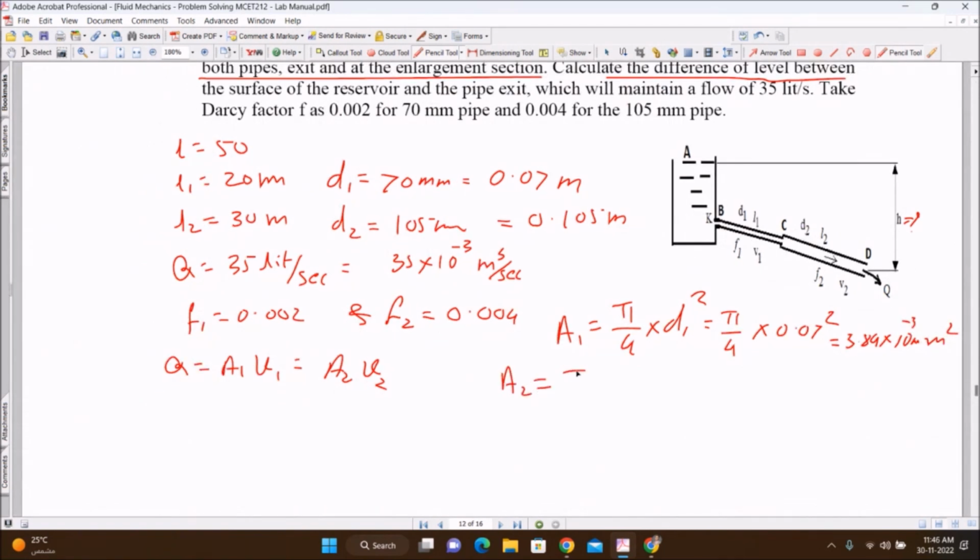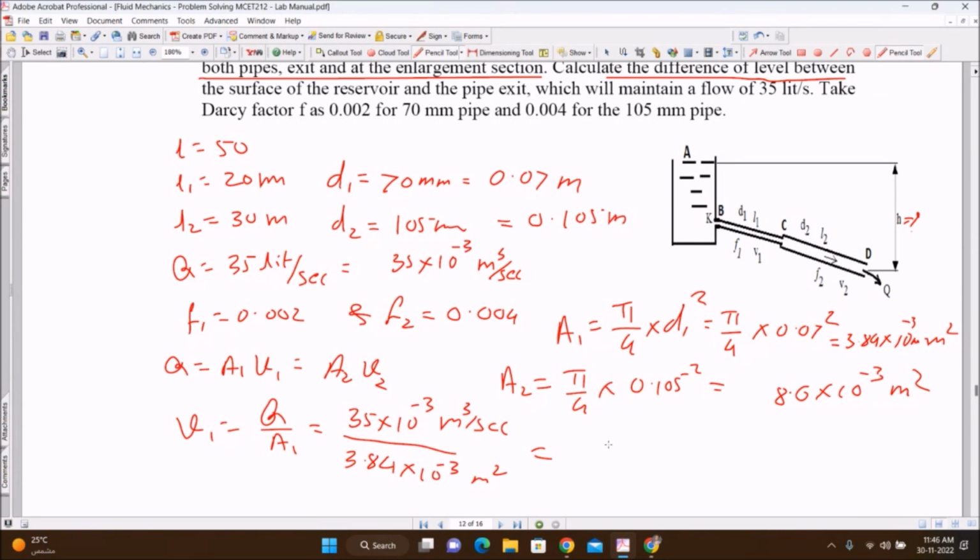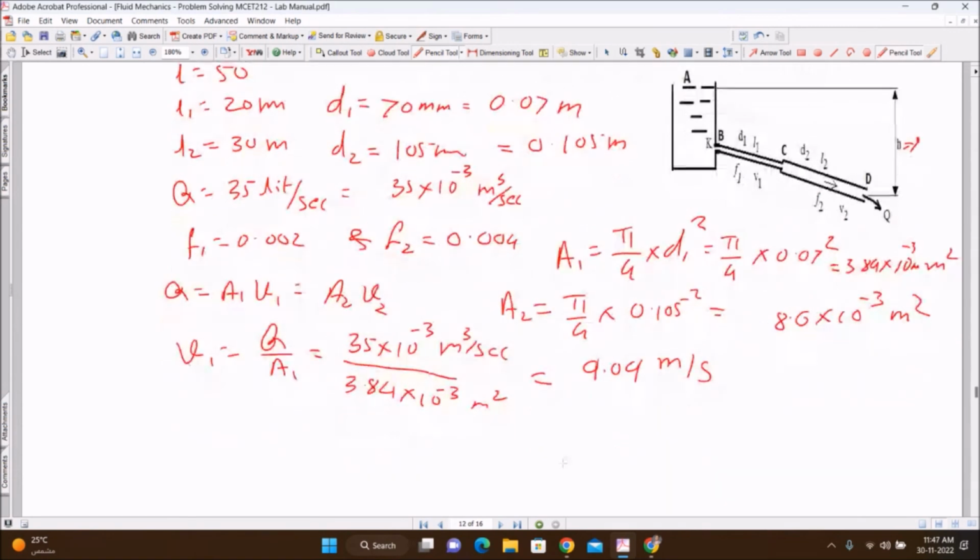And A2 is equal to pi by 4 into D2 square, which is 0.6 into 10 to the power minus 3 meter square. As we know areas A1, A2, we can find V1 is equal to Q by A1, which is 9.09 meter per second. Similarly, we'll find V2. So V2 is equal to Q by A2, which is 0.07 meter per second.